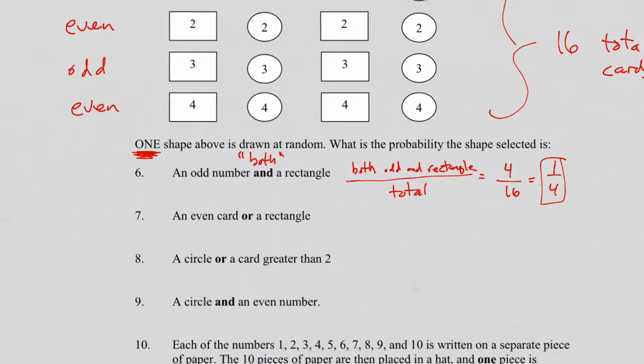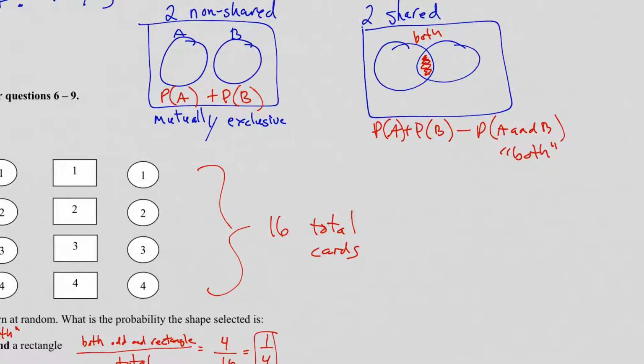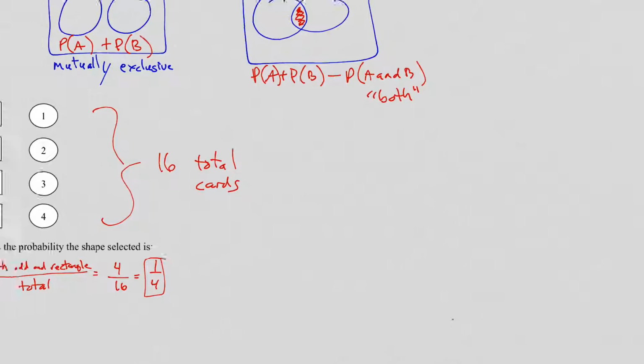Now, the or is different. For the or, you need the both, so you can subtract it from both characteristics being added together. Okay? So this one's going to be 3 fractions, add in, and then subtract.